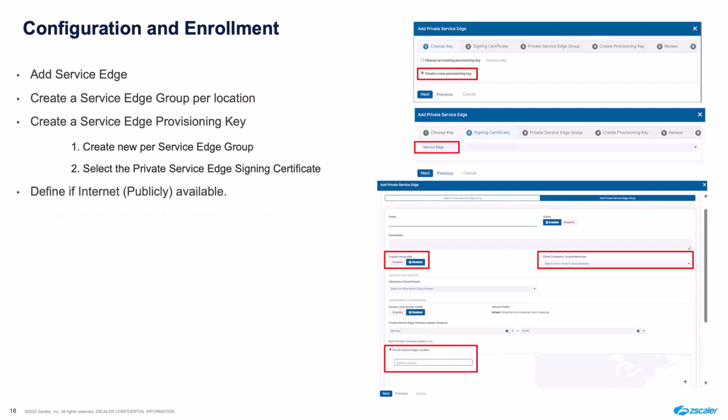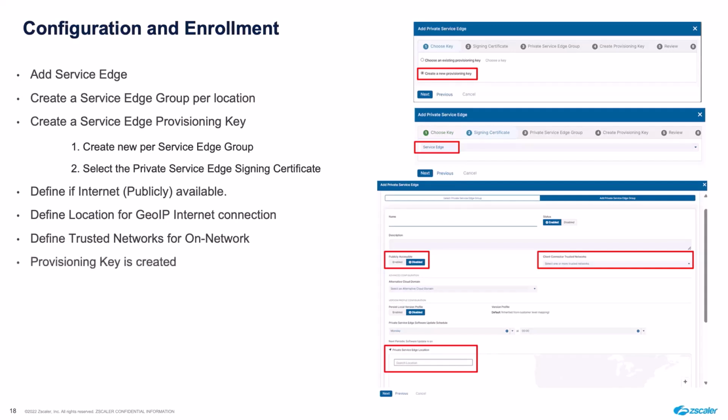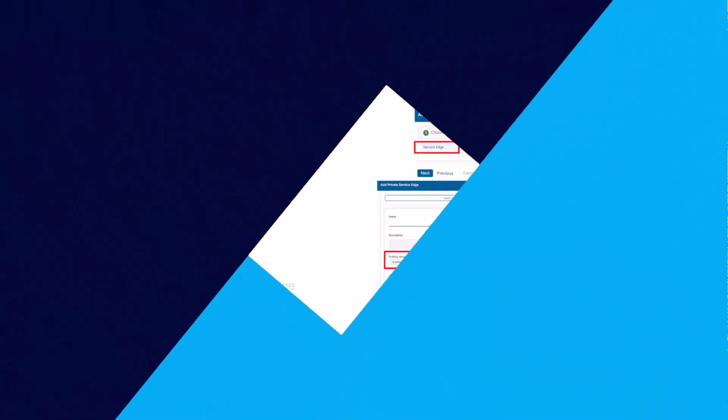We'll select the location for the trusted networks. So based on the trusted networks that are defined in the mobile portal, let's select which ones will connect to this private service edge. And if the private service edge isn't available, the client connectors will connect to the public service edges. The provisioning key is then created, and we'll deploy that provisioning key on the private service edge.